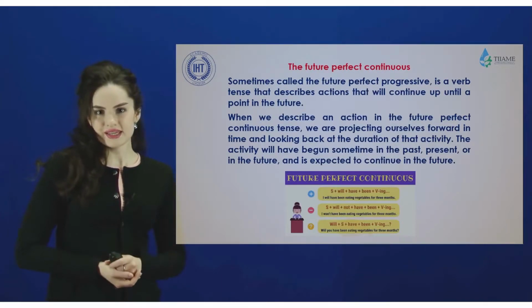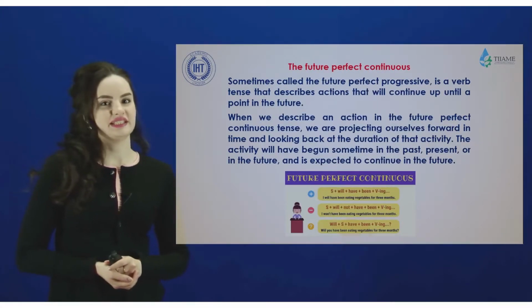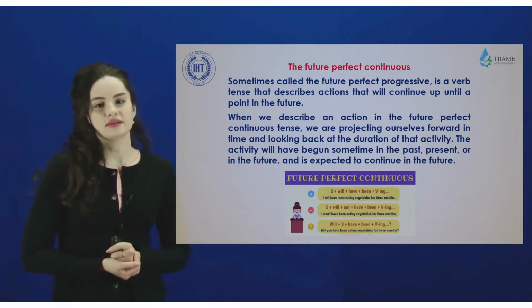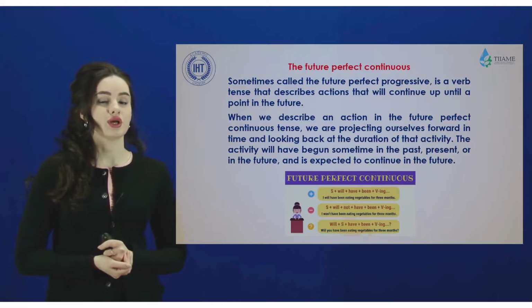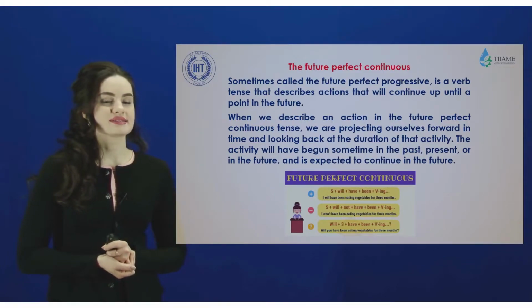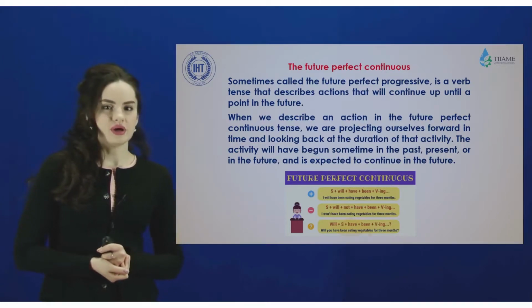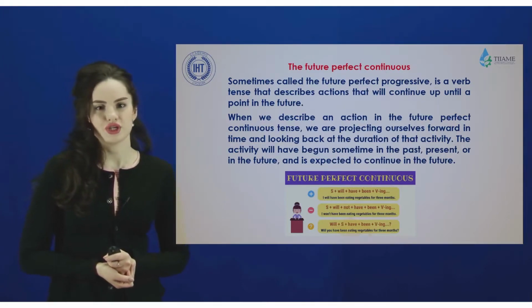The next tense is future perfect continuous tense. In order to represent this tense, you should use the following structure: shall or will plus have plus been and the verb plus ing ending.